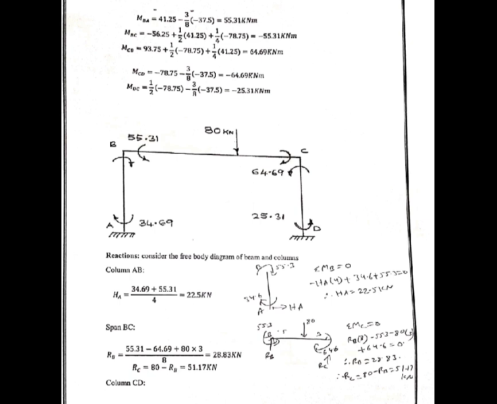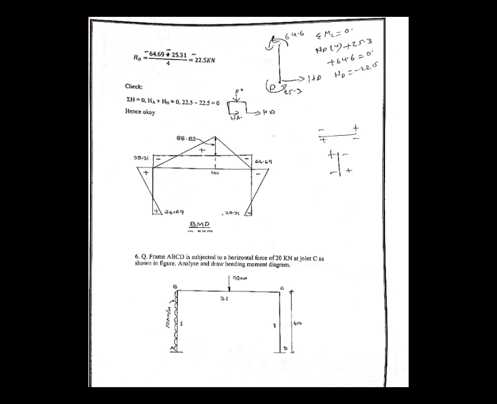Then we will find the reactions. So for column AB, HA equal to 34.69 plus 55.31 divided by 4 equal to 22.5 kilonewton. Applying sigma moment about B equal to 0 for AB, we can find HA, and by applying sigma moment about C equal to 0 for span BC, we can find RB, RC, and applying sigma moment about C equal to 0 for CD column, we can find HD.